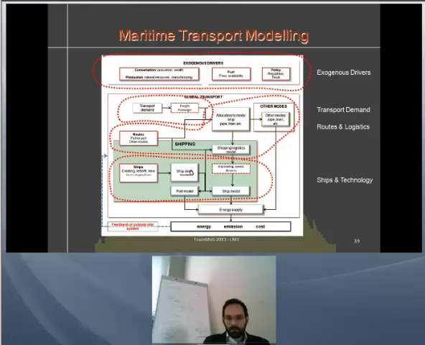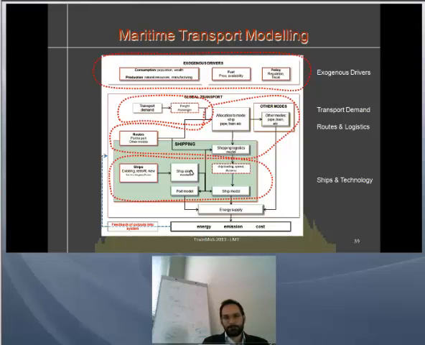And after allocating this, we need to define the logistic model, the shipping logistic model, where we have the interaction between these sub modules. So after defining the transport demand and also defining the routes and the logistics, we need to define the ships and the technology.